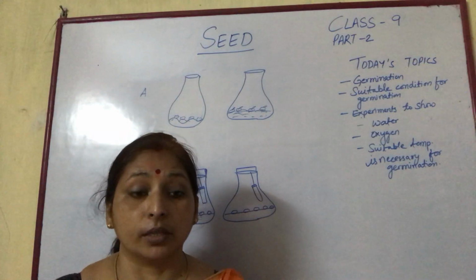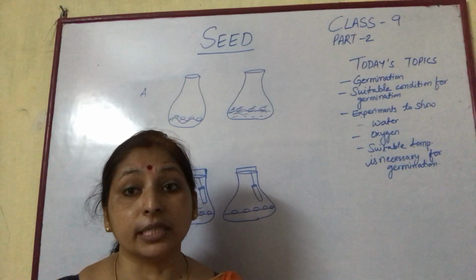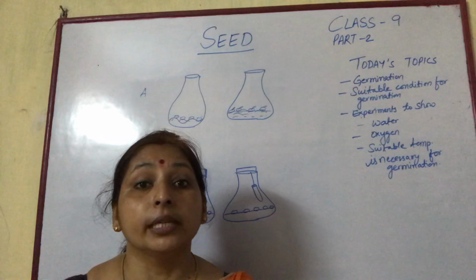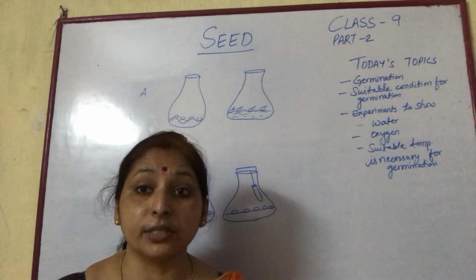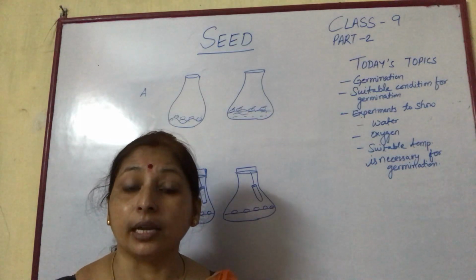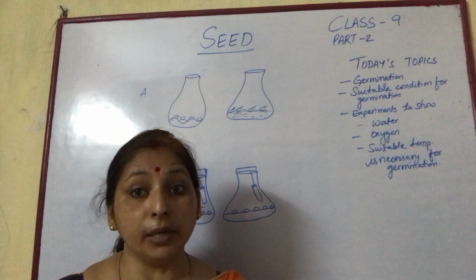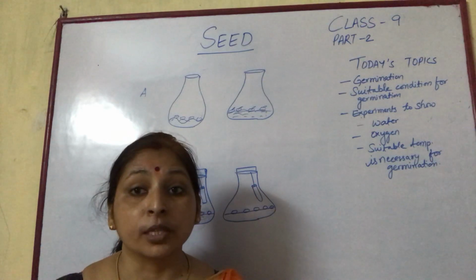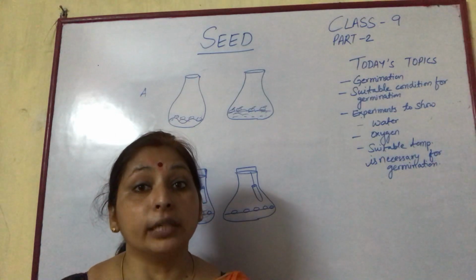In seeds, we say that the embryo remains in the dormant stage. Dormant means inactive state, unless favorable conditions are available for the seed to germinate. So germination takes place only under suitable conditions.